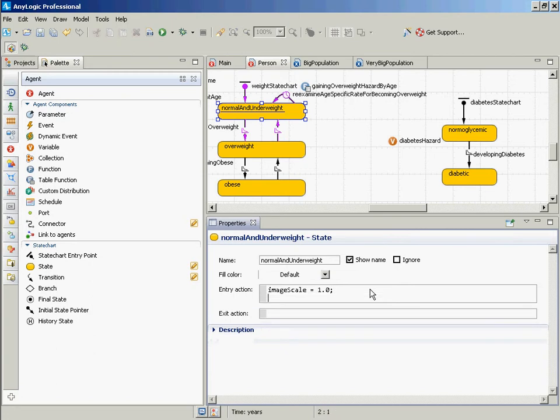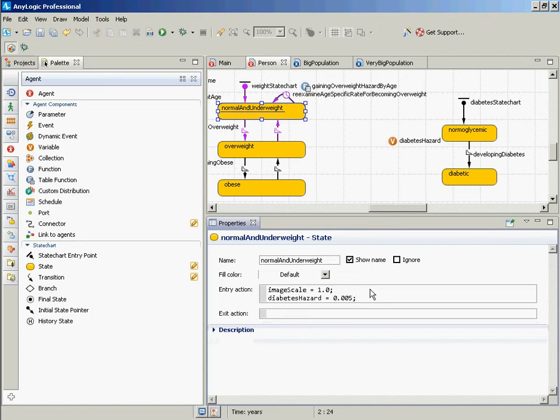So here, just as we set the image scale, we're going to set the diabetes hazard. While someone's in a normal and underweight state, their diabetes hazard might be extremely low, 0.005. Very low chance of developing diabetes. Type 2 diabetes, let's confine ourselves.